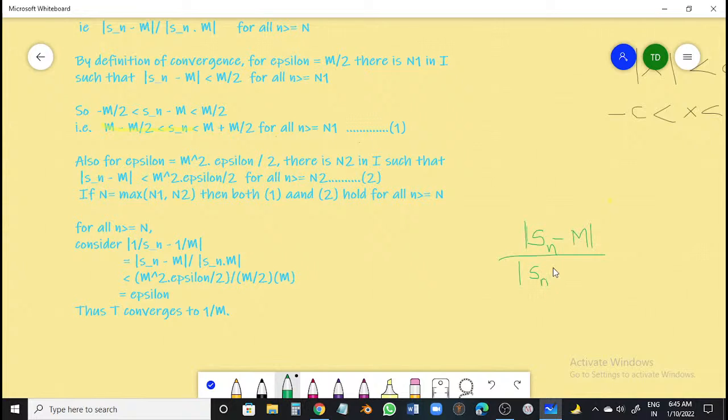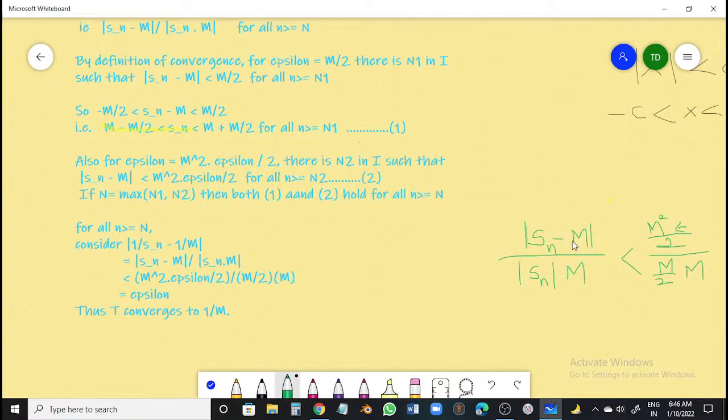So it is surely mod of Sn into capital M. Now I know that the numerator is smaller than m square into epsilon upon 2, and the denominator we know gives us m by 2 into m.